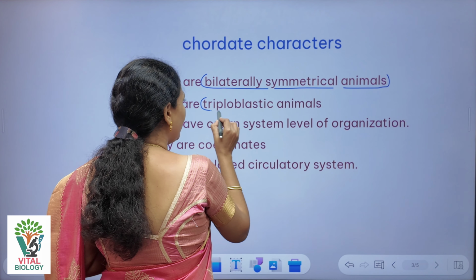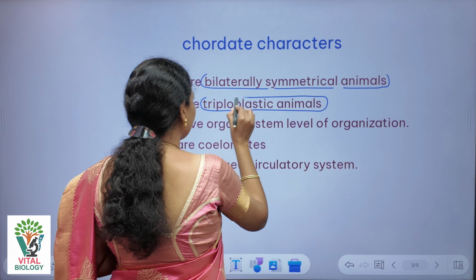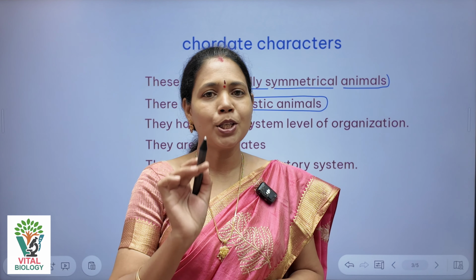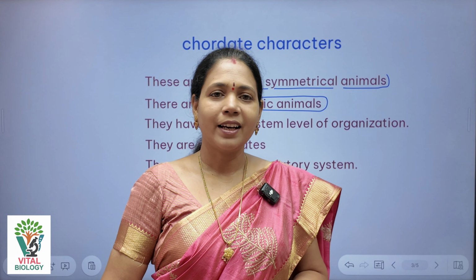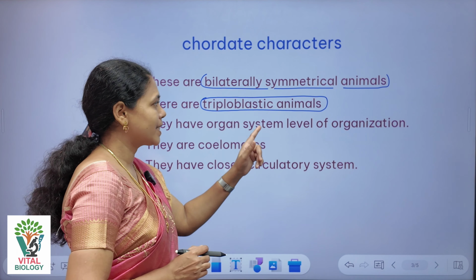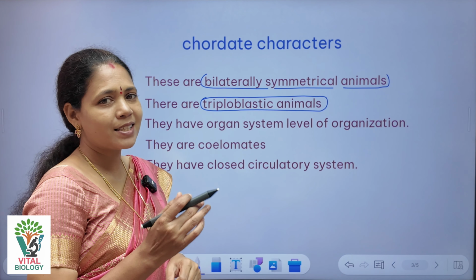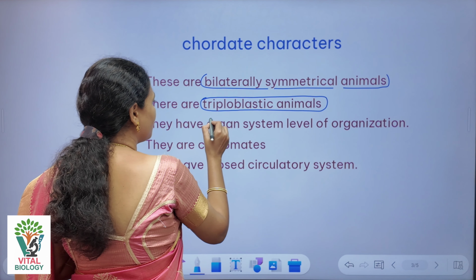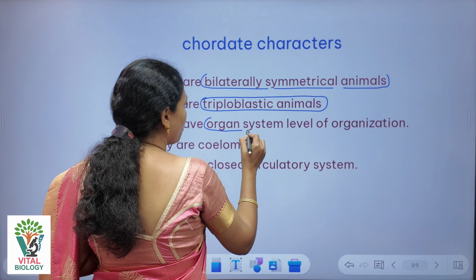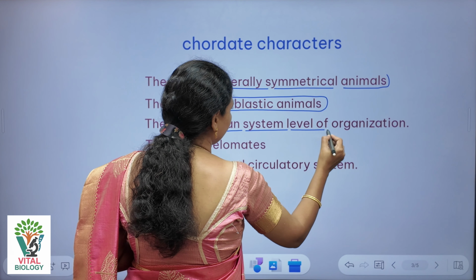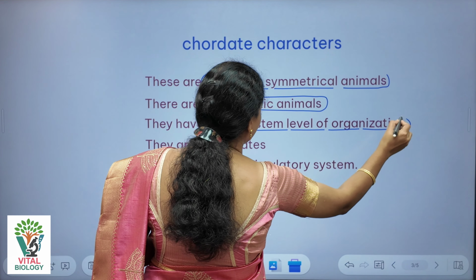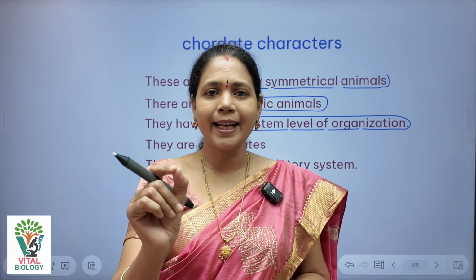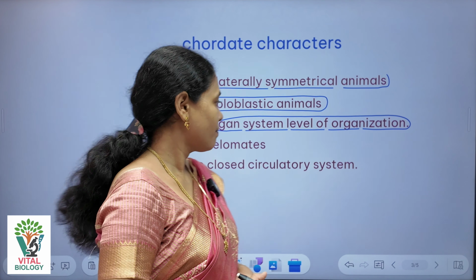And in their body wall, they consist of all 3 germ layers: ectoderm, endoderm and in the middle mesoderm. That is why they are considered triploblastic animals. As they have all 3 germ layers, they are able to form complete organ systems in their organisms. So the level of organization is organ system level.